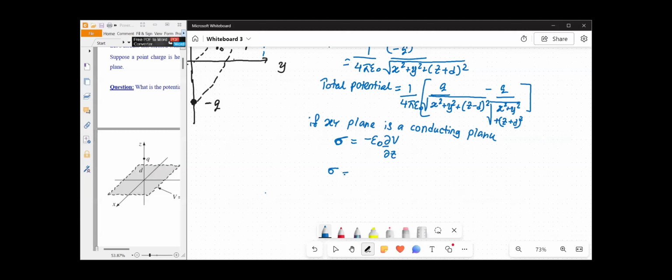So sigma is equal to minus epsilon naught.